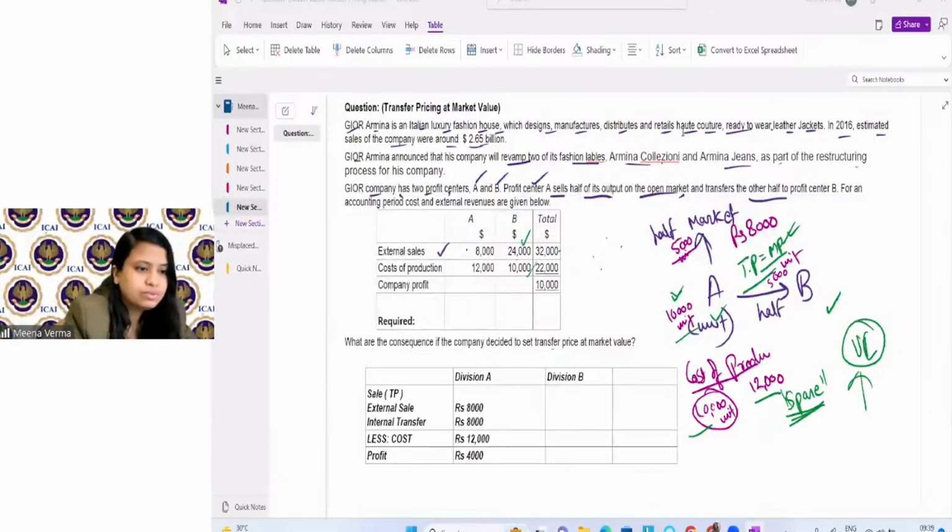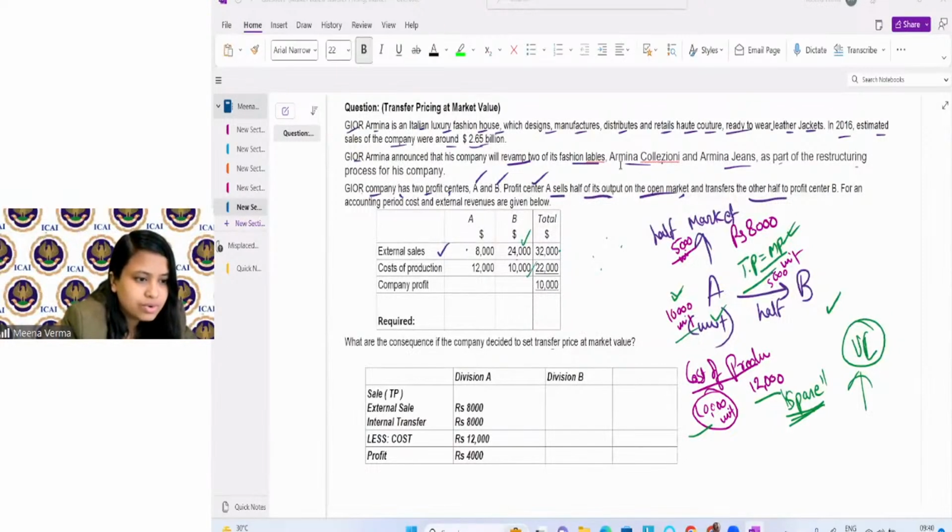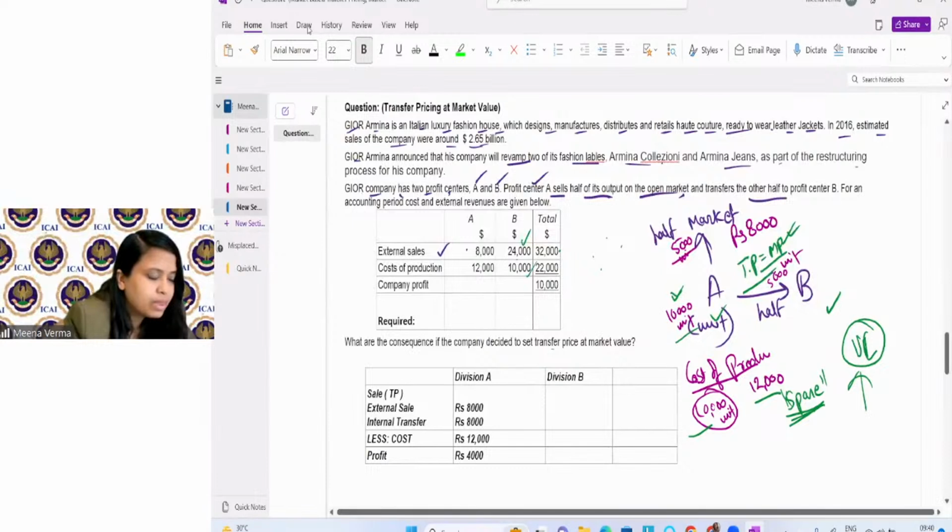I hope it is not frozen. If it was frozen, let me repeat it again. You can see they have internal sale and external sale. Externally, they are transferring the goods at 8,000. Internally, on the basis of market price, you have the transfer price.